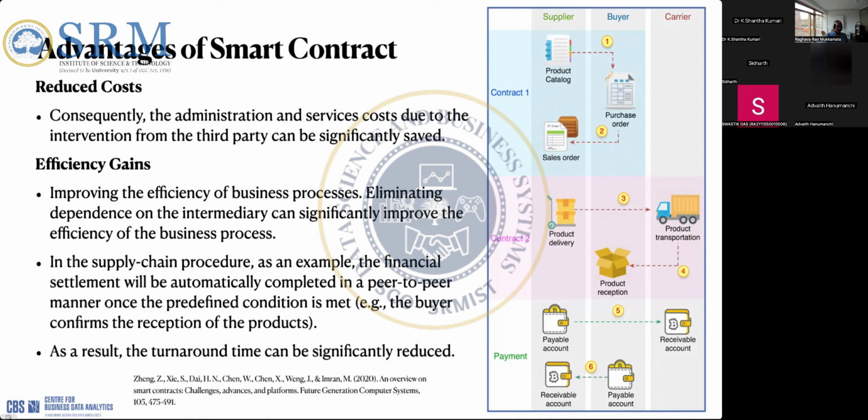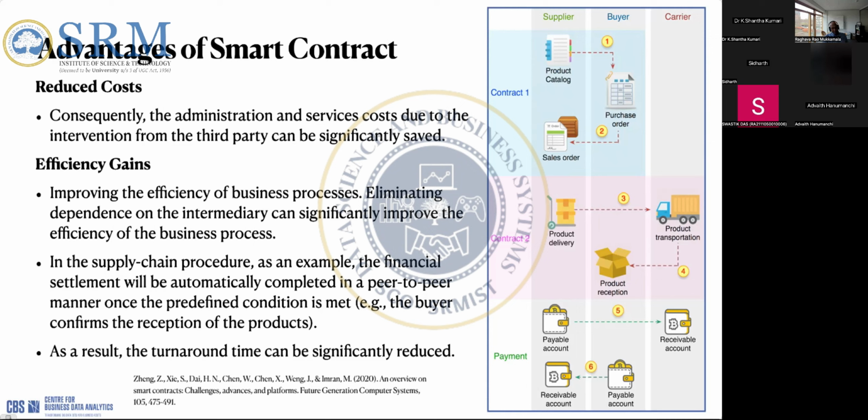So improving the efficiency of the business processes. Since you eliminate the dependency on intermediaries, the overall performance of the process will significantly increase. For example, in supply chain or in financial settlements, things will be automatically executed without any problems, and so the transaction turnaround time will be greatly reduced.